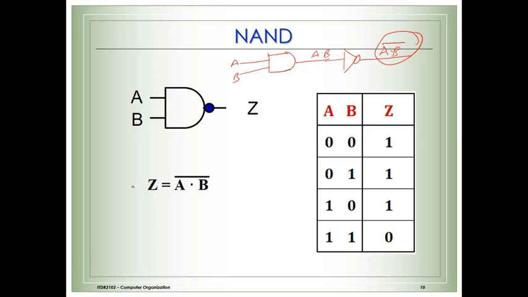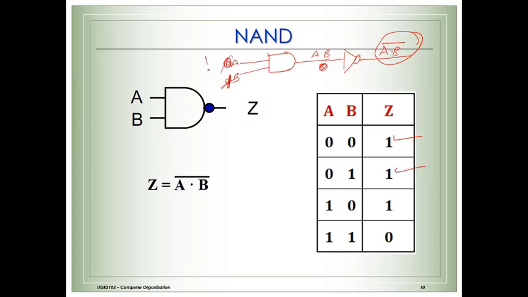So here this is your graphical representation of NAND. This is the algebraic function and this is the truth table. If you pass A as 0 and B as 0, the AND will give you the result 0, but if you pass it to the NOT gate, the result will become 1. Similarly, if A is 0, B is 1, A and B will still be 0, but if you pass it through the inverter, the result will become 1.